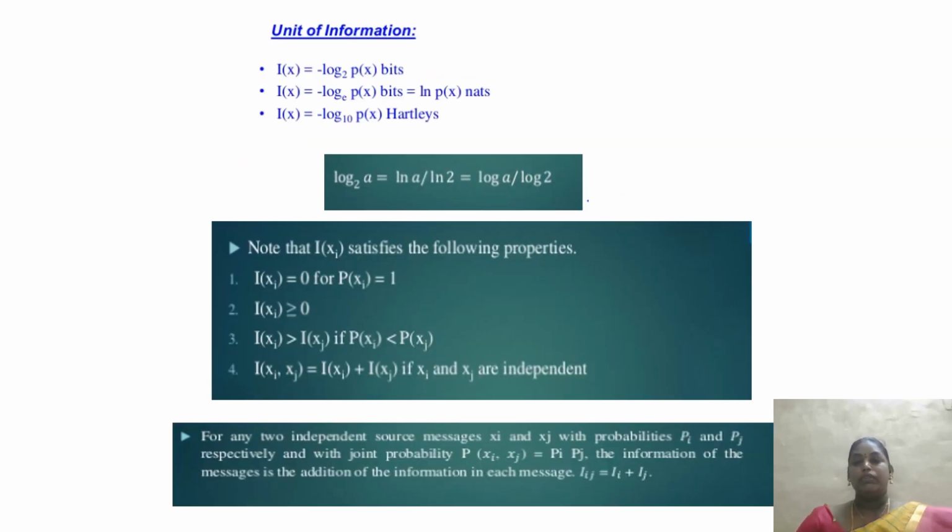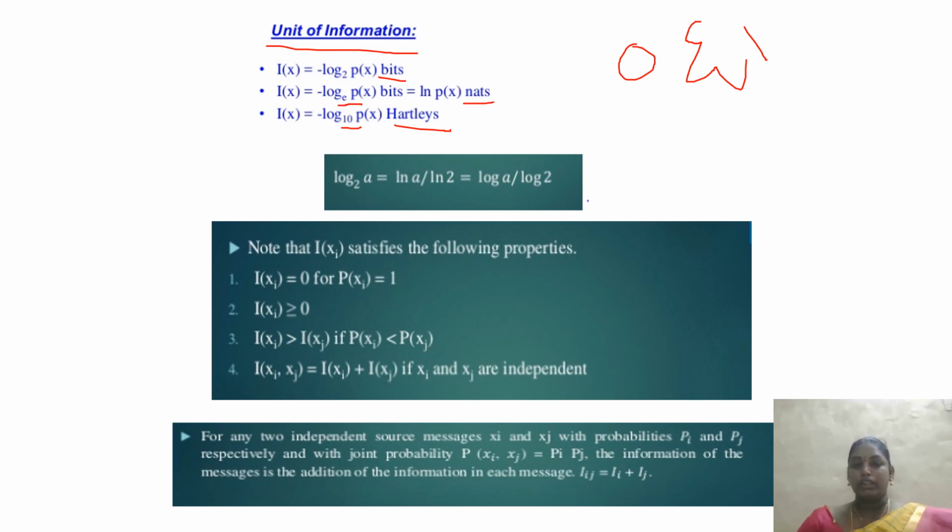Then we need to know what the information is. Information is something we are going to measure. It is a physical quantity, or a value which the source conveys. As such, we require some units for information. If you are going with base 2, with probability between 0 and 1, the unit will be bits. If you are going with base e, it is considered nats, and if you are going with base 10, it is Hartley.